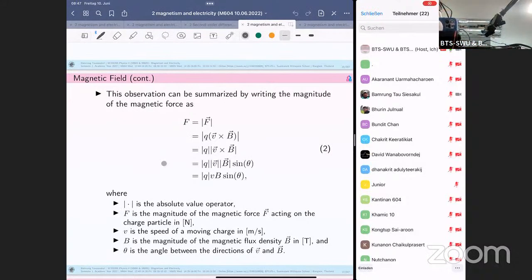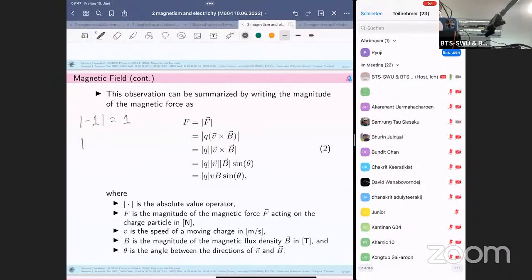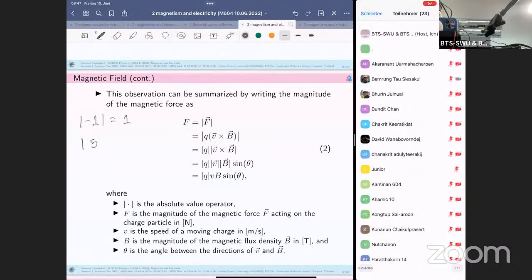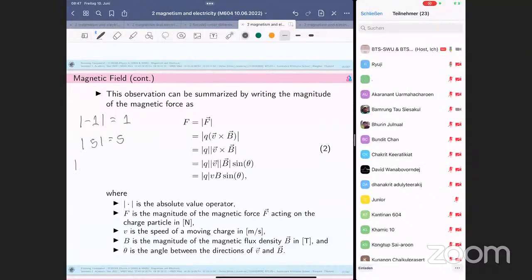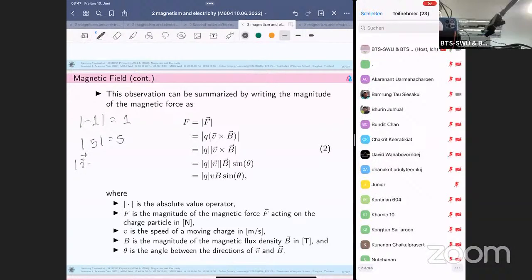For example, if you have the absolute value of number 1 minus number 1, right, it's going to be 1, right? And absolute value of 5 will be 5, right? Something like the absolute value of i minus 2j plus 3k.